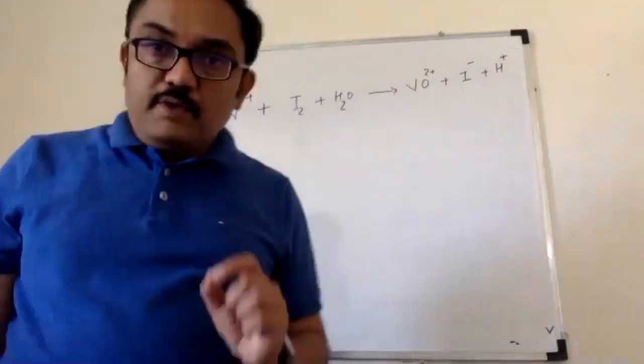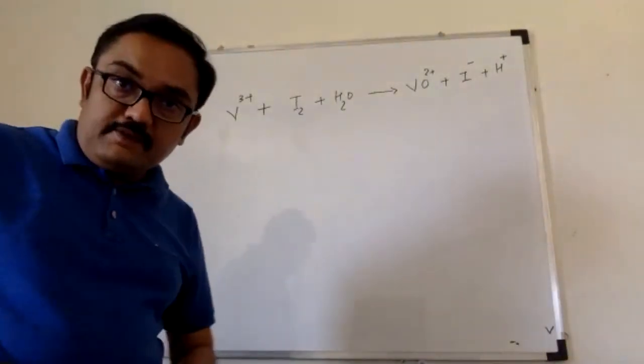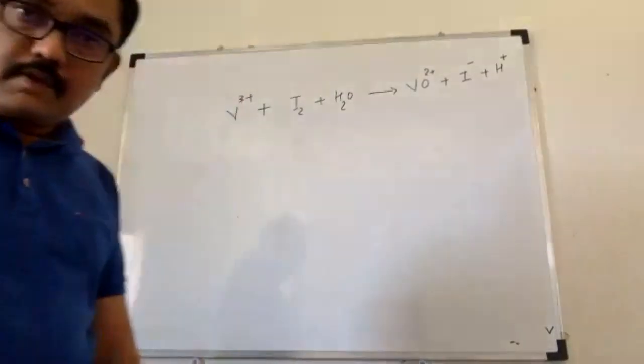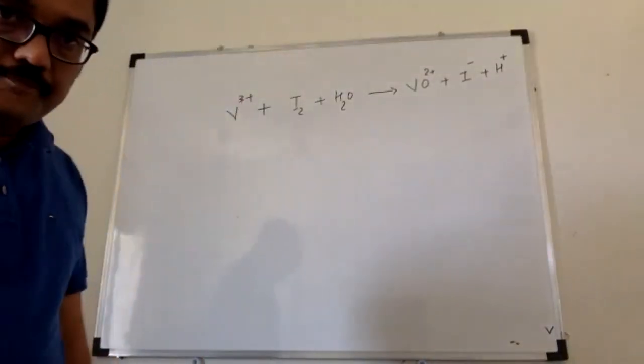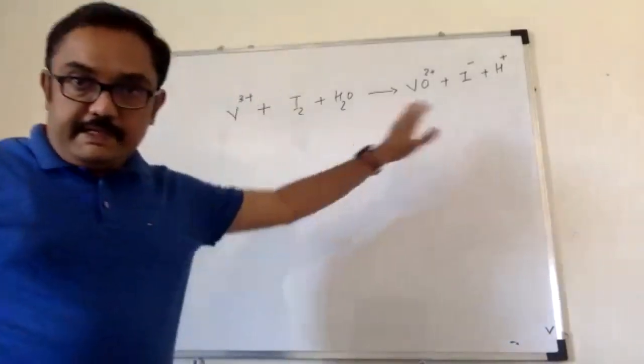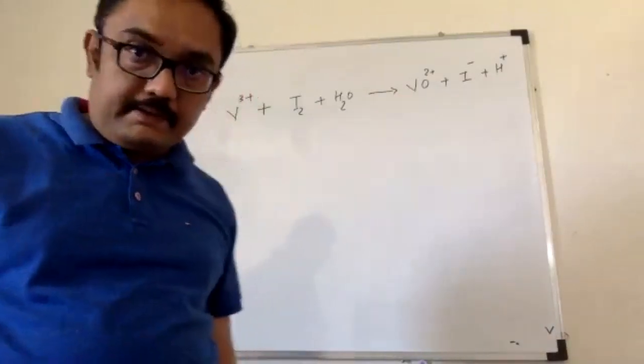Now see, the presence of H plus in the equation indicates the medium is acidic. Understood? Now, this is your next question which I have written on the board, which I'm going to balance by the same oxidation number method.